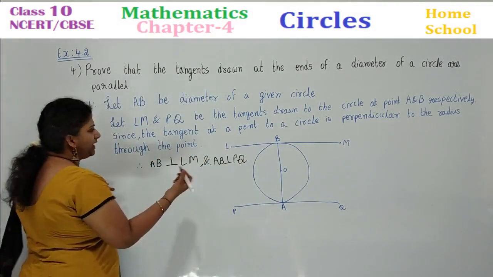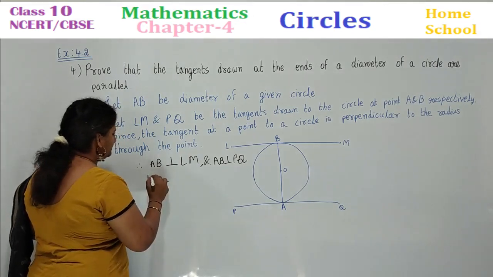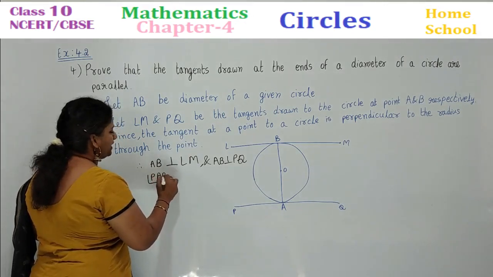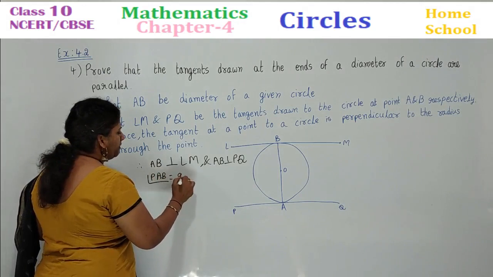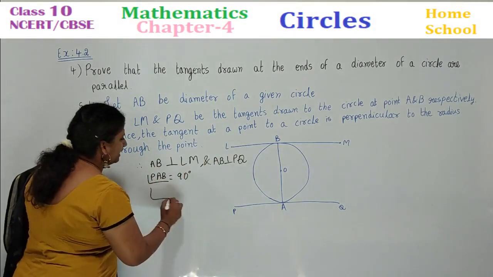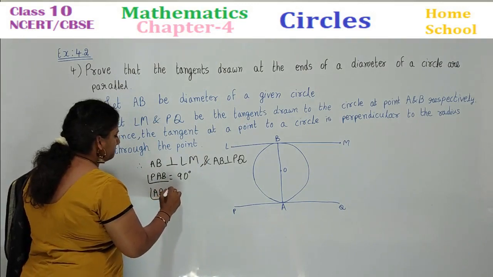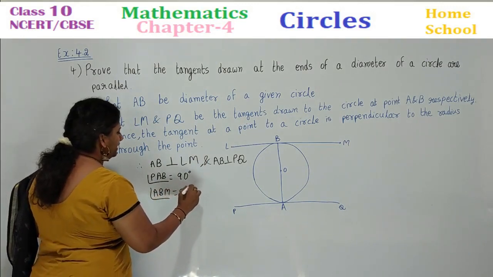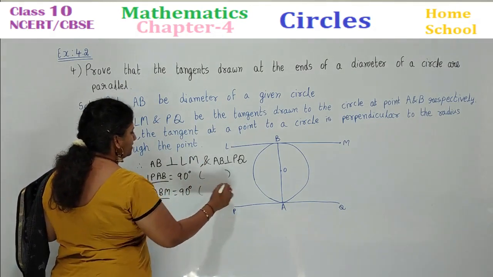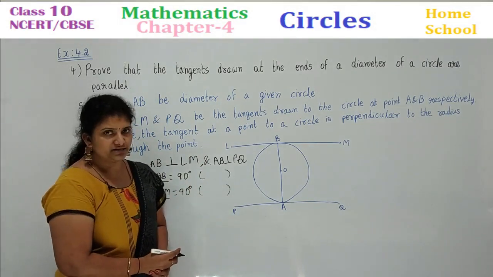Now let me consider any one angle, children. Let me consider angle PAB is equal to perpendicular, right, 90 degrees. And another angle I take, ABM is equal to 90. How are we saying? By the theorem, tangents drawn are perpendicular to the radius.